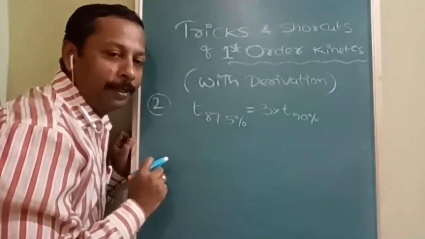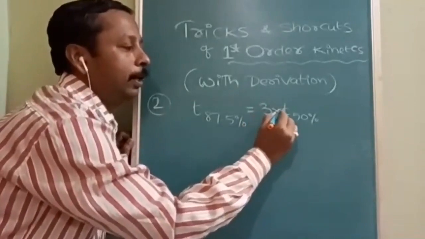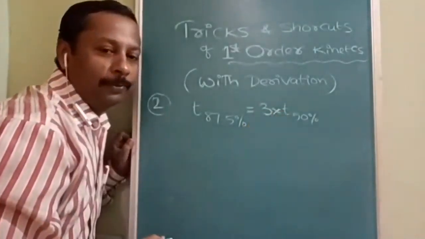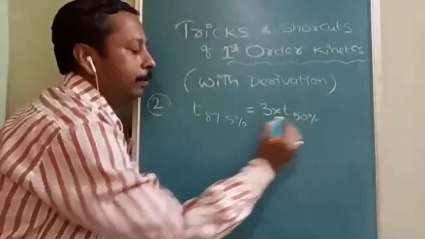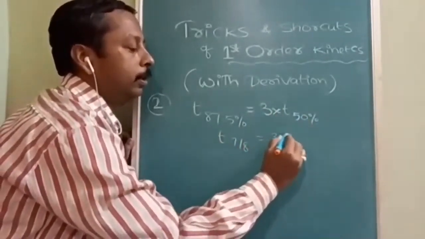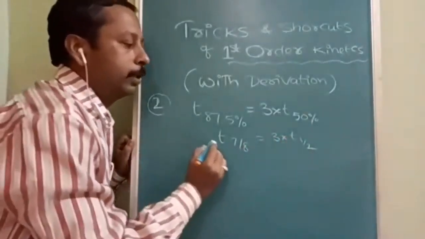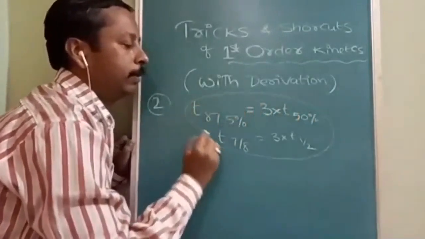So let's wait and see. Don't skip this video, watch it full and get your marks also full. Okay, so T 7 by 8 is equal to T into 1 by 2. Is it understood? So like this derivation, I think you can make plenty of it.